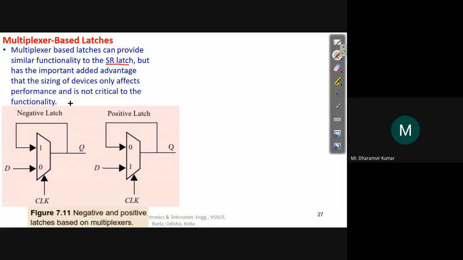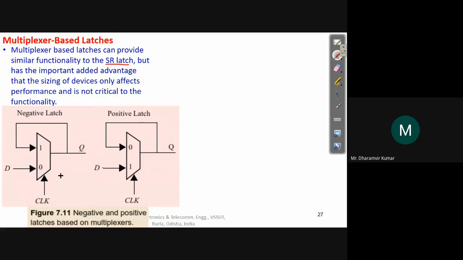So the same SR latch is done here using multiplexers. Earlier we had seen this done with inverters and NOR gates; now it is implemented using multiplexers.